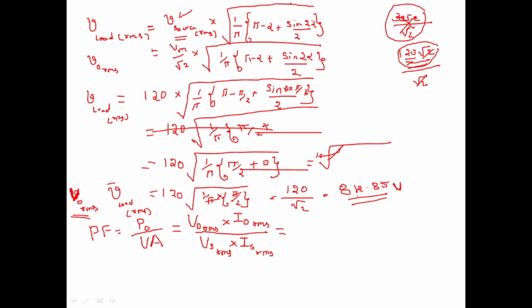How much? 84.85. We can write 84.85 into I0 RMS. What is that? This is a question.